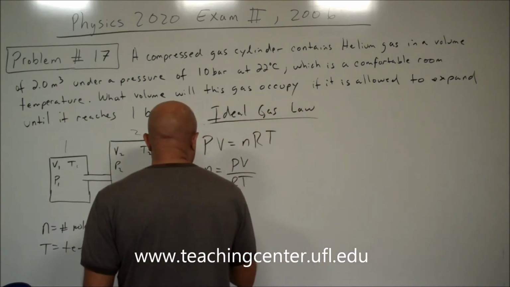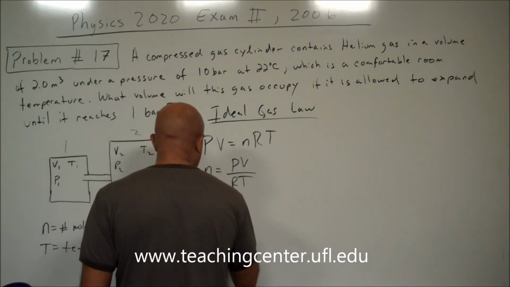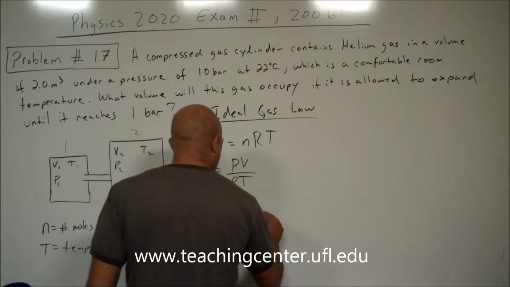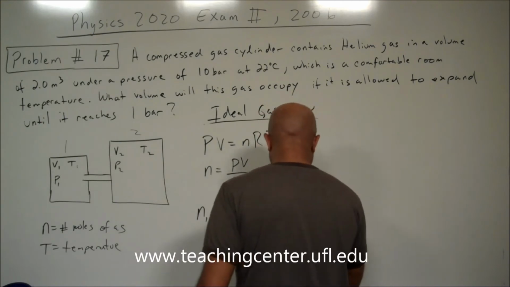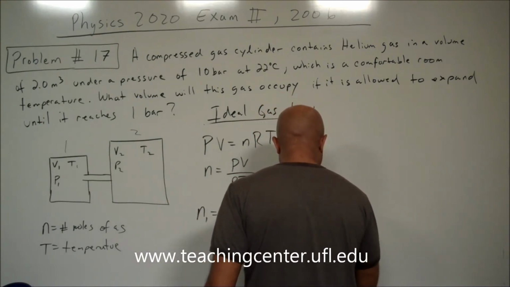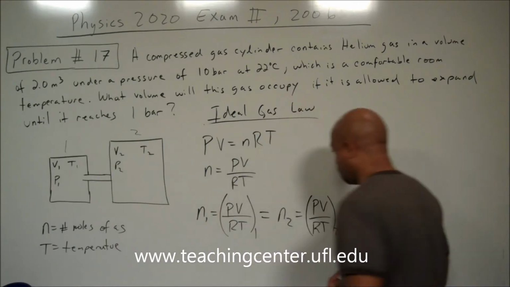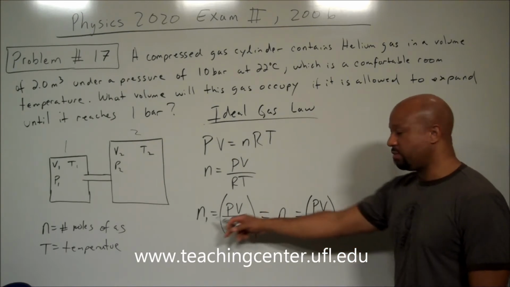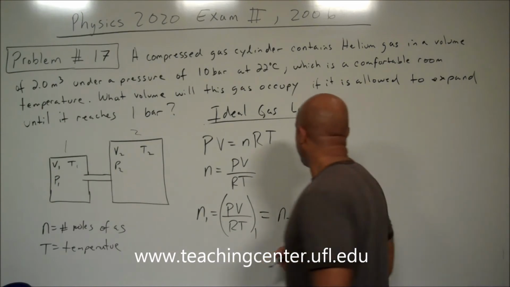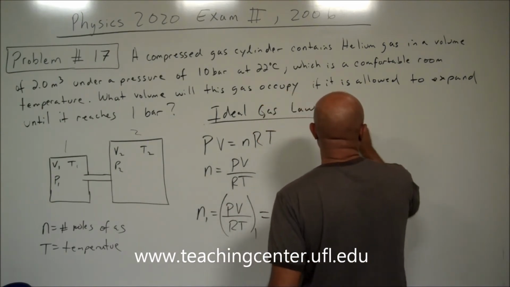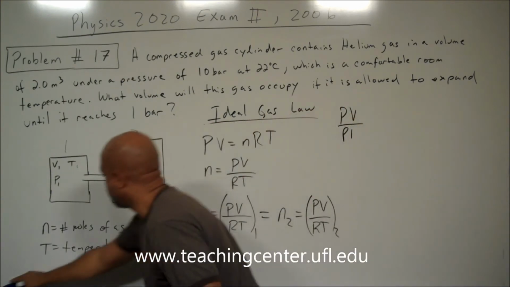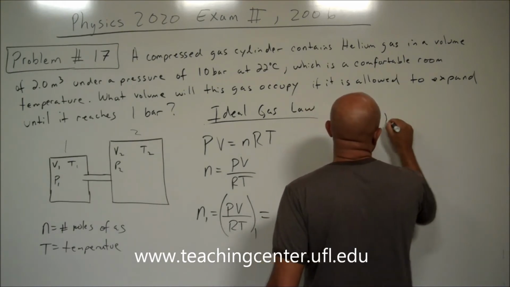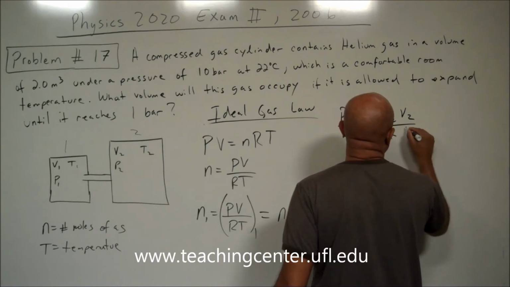So the number of moles in the first tank, PV over RT in the first tank, is equal to the number of moles in the second tank, PV over RT in the second tank. So P1V1 over RT1 is equal to P2V2 over RT2.